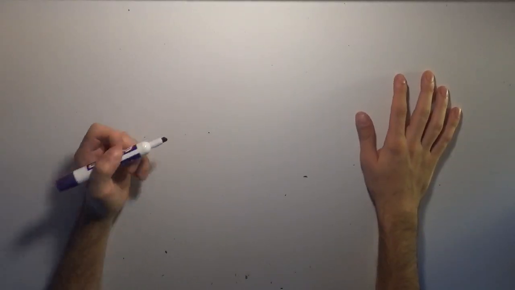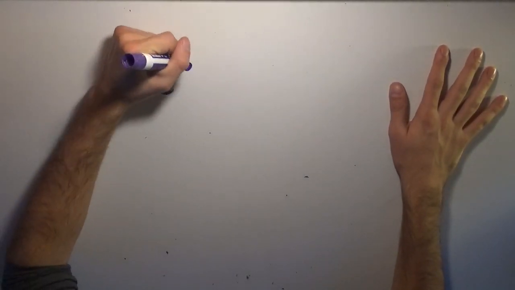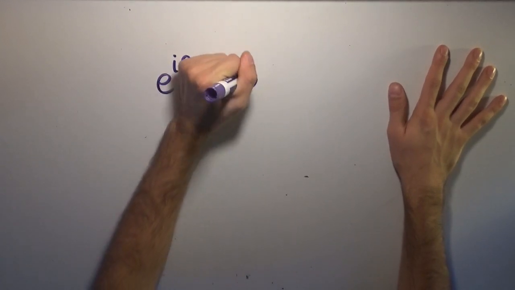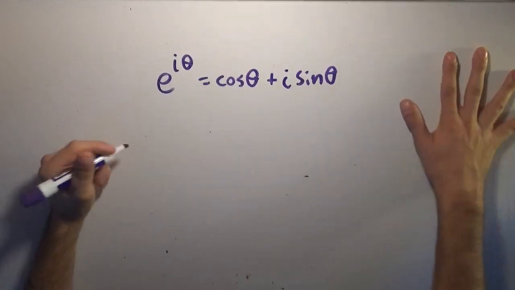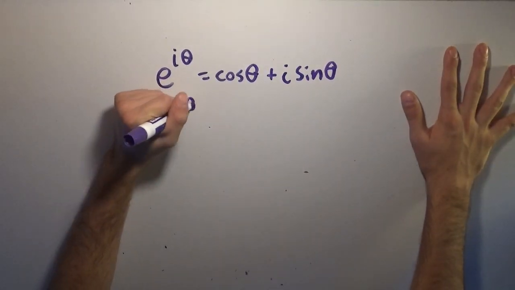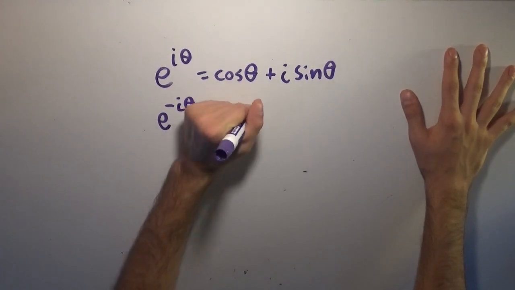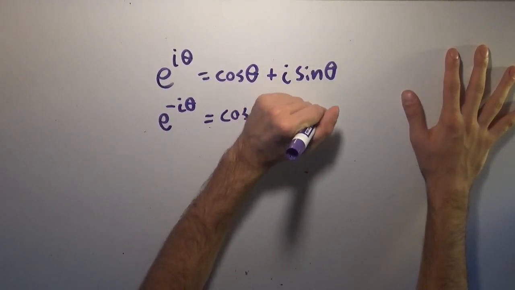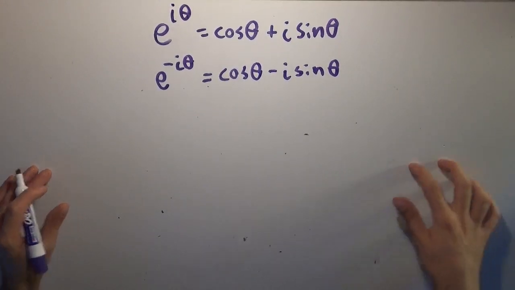So let's start just by plugging in x plus iy into the sine function. Just to quickly cover all the stuff that we already know: e to the i theta equals cosine of theta plus i times sine of theta, and naturally the complex conjugate of that, which happens to also be the reciprocal, is cosine of theta minus i sine of theta, and from that we were able to derive the complex exponential versions of sine and cosine.